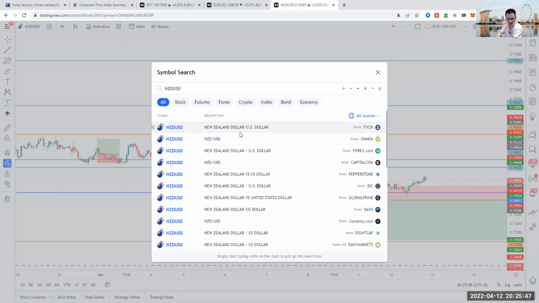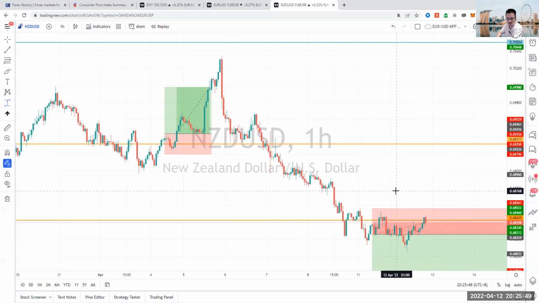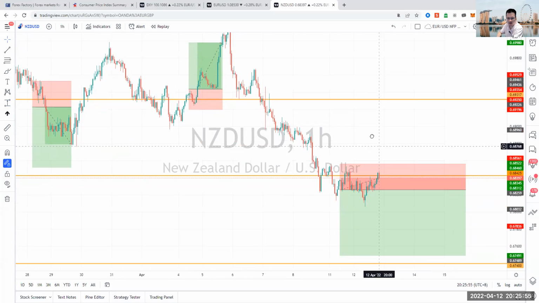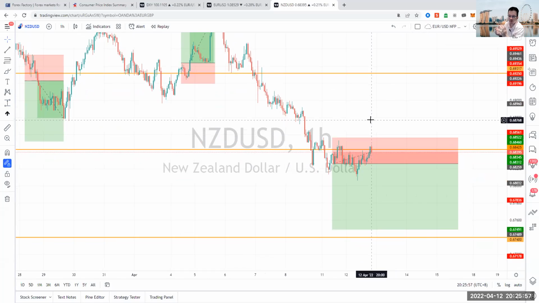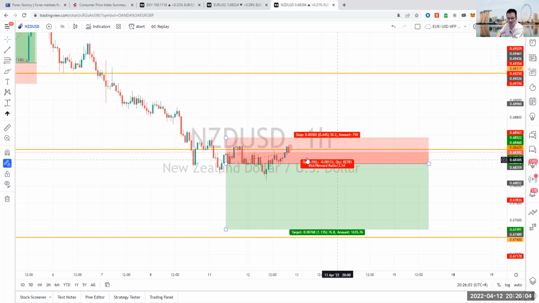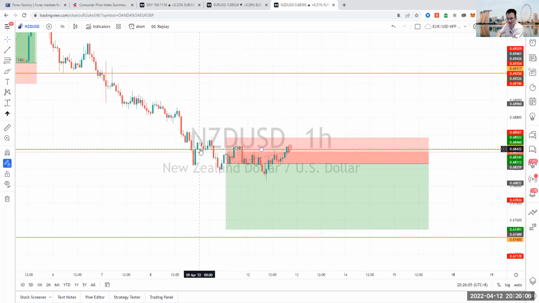Kiwi dollar. So Kiwi is sitting there. I like the Kiwi more than the Aussie. So comparing, right? When it comes to news events, you have to compare which ones you want to get into. I like the Kiwi more because it is sitting at this 0.6843 level or 0.6842 level.